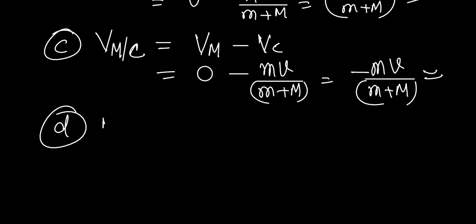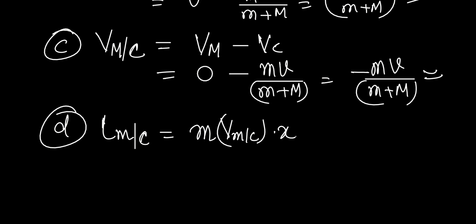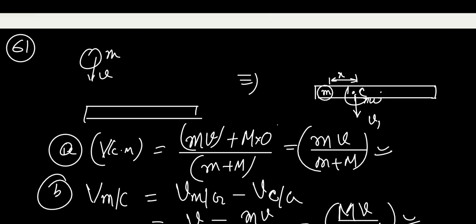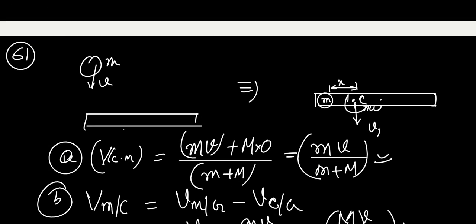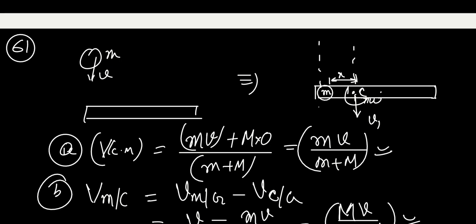The angular momentum of particle, let's say m, with respect to center of mass is equal to mass into velocity of m with respect to center of mass into the lever arm distance, that is x, the perpendicular distance, that is this distance, because the center of mass is on this line and the particle is coming on this line, so this x distance.